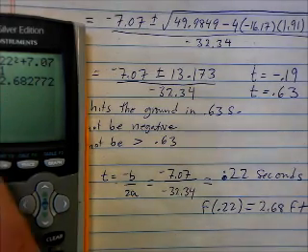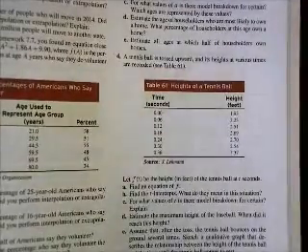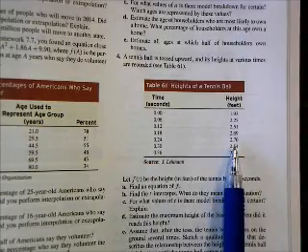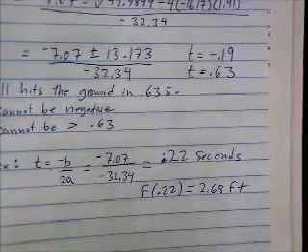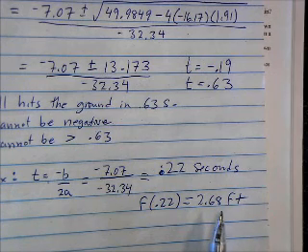Which is interesting because, again, if we go back and look at the data, what did we say the maximum was? 2.7. Yet according to the equation, the maximum is only 2.68. So what happened? Does the equation match the data perfectly?